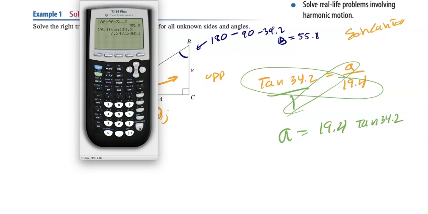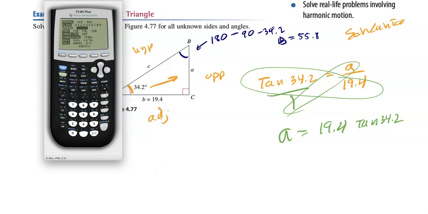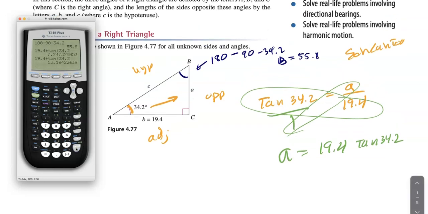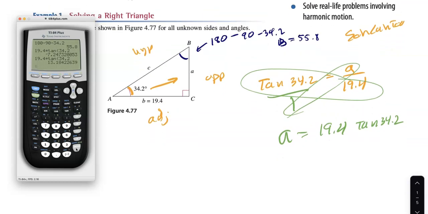So I must be in radians, and I should change that to degrees, because they showed us degrees. We're doing a triangle in degrees. If you look at the problem, it is in degrees, so it should be in the right form. So I'm going to go back up here and click it again. Hit enter, and I get 13.2, to the tenth. So A is 13.2.